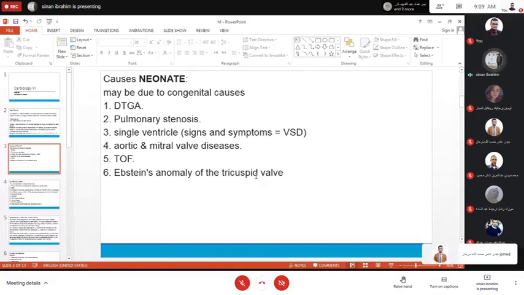The right atrium will be very large, while the right ventricle will be small because of the apical displacement of the tricuspid valve.